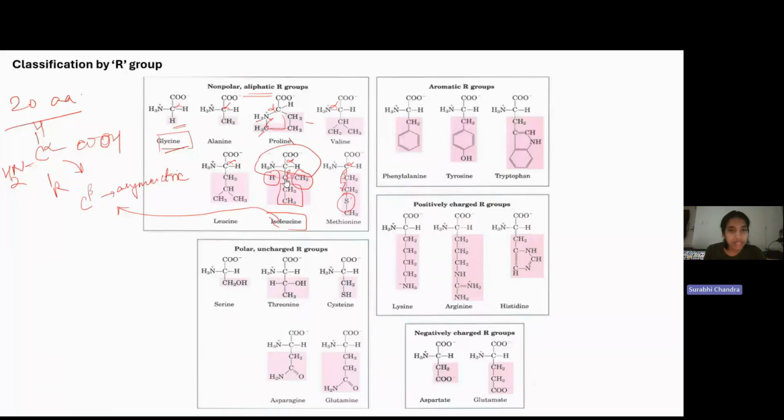If you look at this beta carbon here, this is also asymmetric because you have one H atom attached to it. This beta carbon also has four different groups attached to it: one is this H atom, one is this CH3, you have C2H5, and then this whole group attached here, including the C alpha. So this beta carbon is also asymmetric.